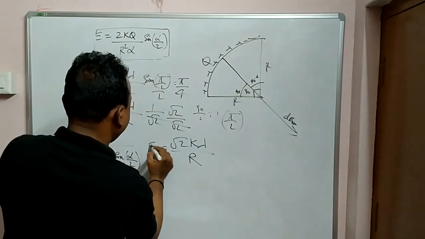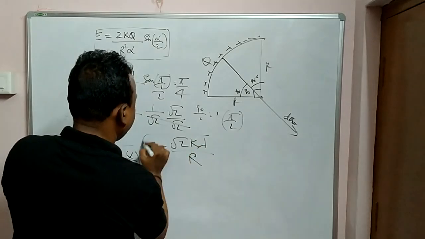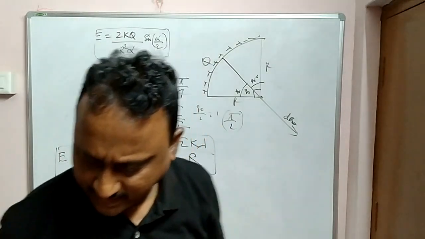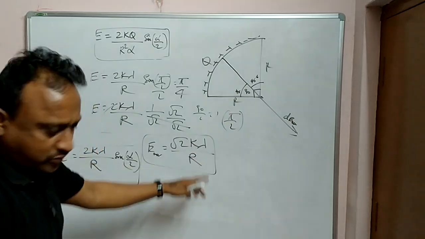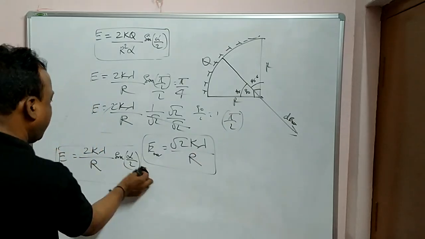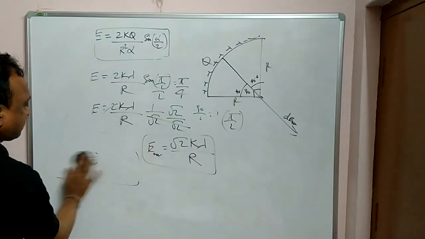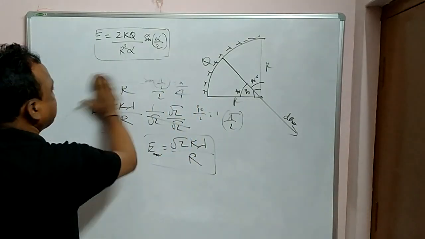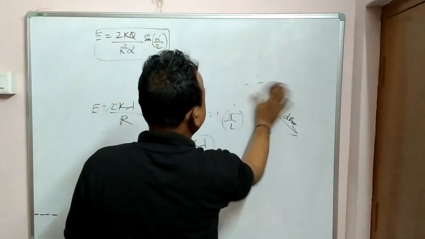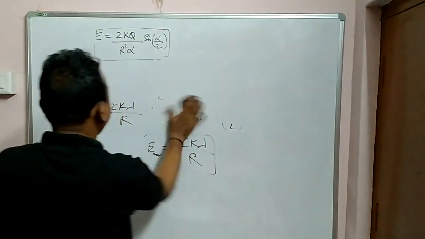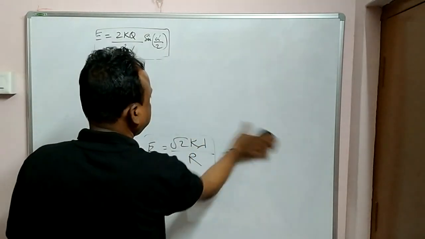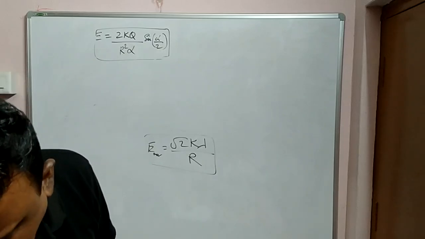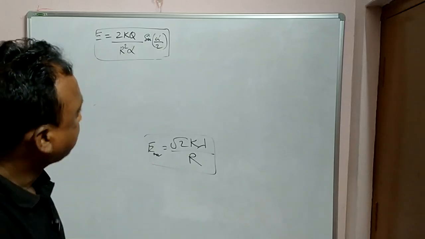This is the exact value of E net for a quadrant of a circle. Here k is the constant, 1 by 4 pi epsilon naught, r is the radius, and lambda is the linear charge density. Clear? Like this you can solve different problems also. Let us go to the next one.